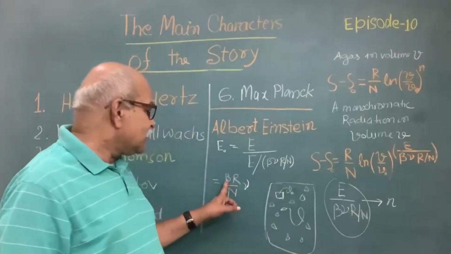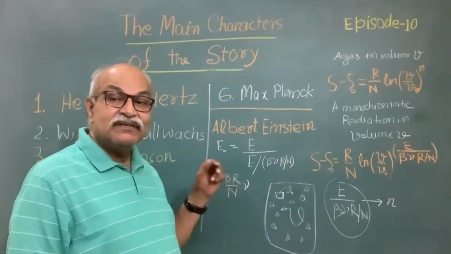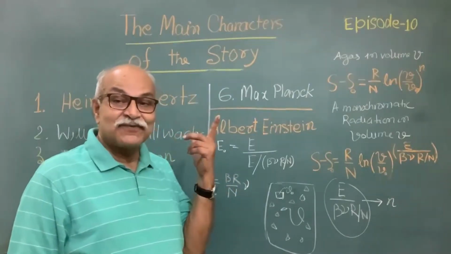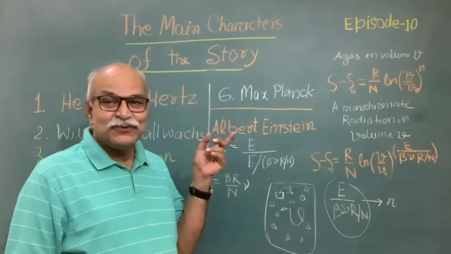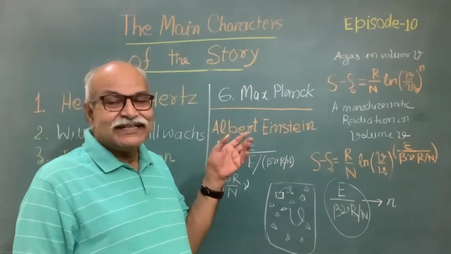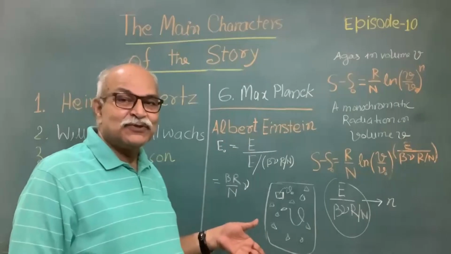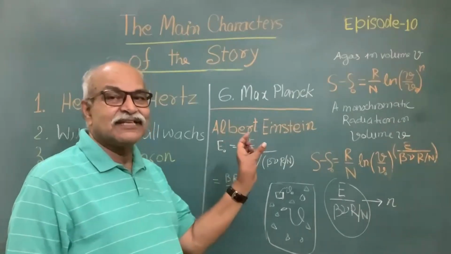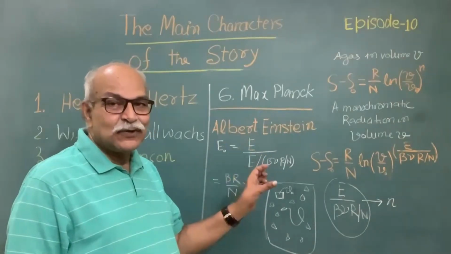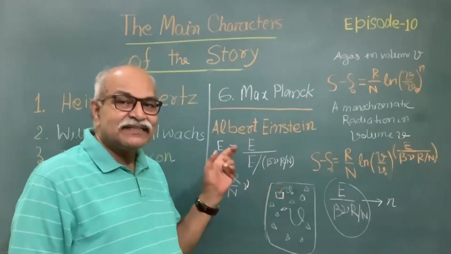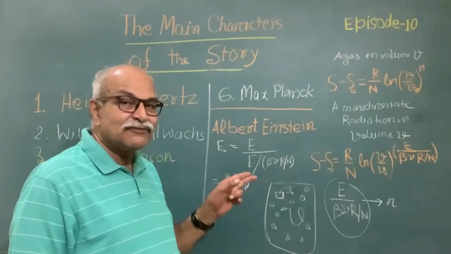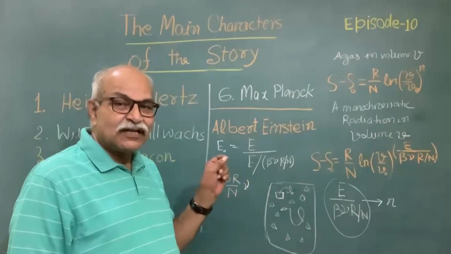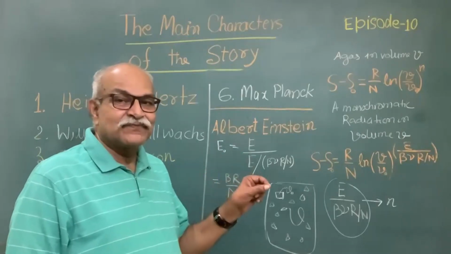Alright, what is beta? Beta appears in the Planck radiation law. If you have noticed in this Einstein paper also, Planck's radiation law expression is given, and there you have two constants, alpha and beta, and they are fixed.